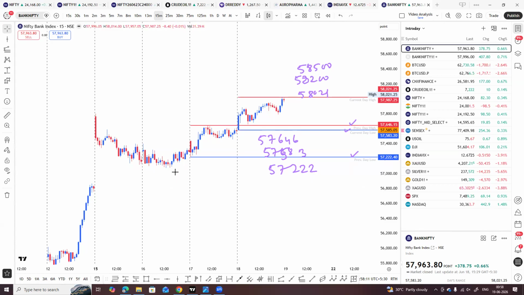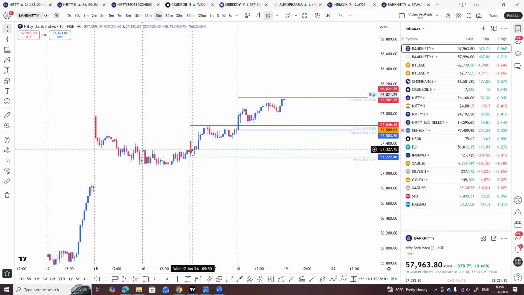And the bullish scenario is observed above the current day high, 58,021, and the bearish scenario is below 57,646. Below this bearish, above this bullish.